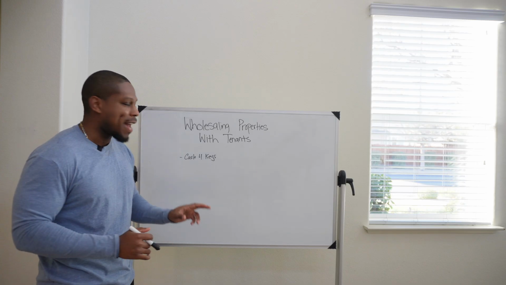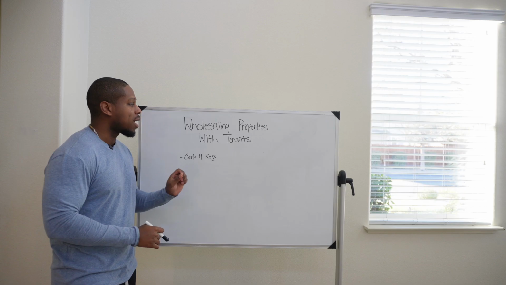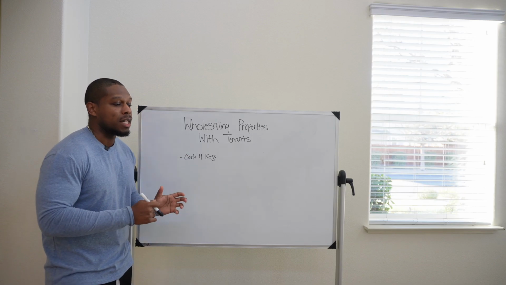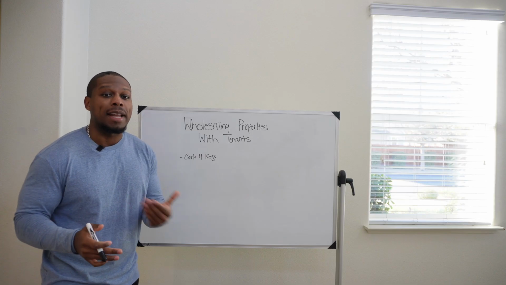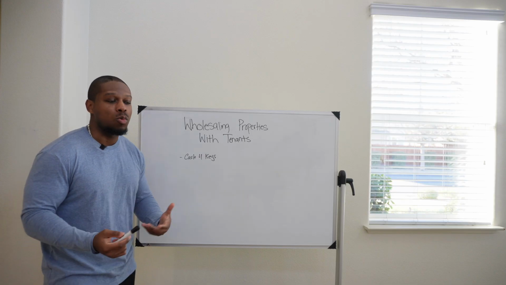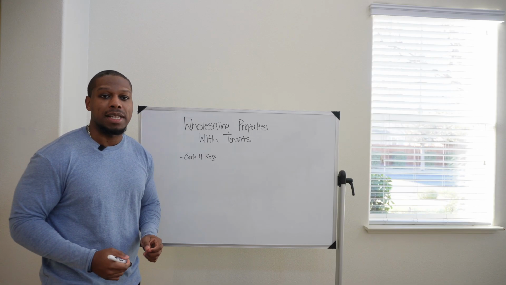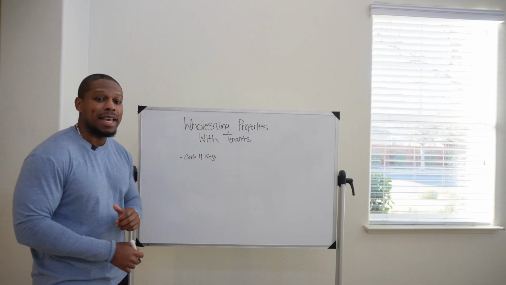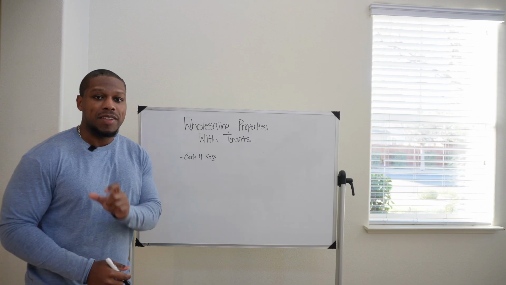All right, so cash for keys is definitely a way to wholesale properties with tenants inside, and the end buyer would definitely bring that up as well. They say, hey, would they be willing to accept some money to leave early, to leave before closing? So negotiate that with the end buyer and the tenant.